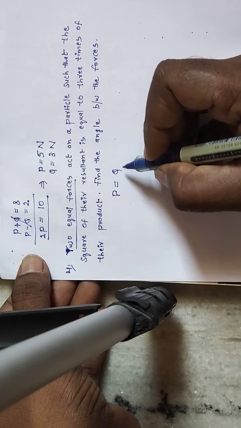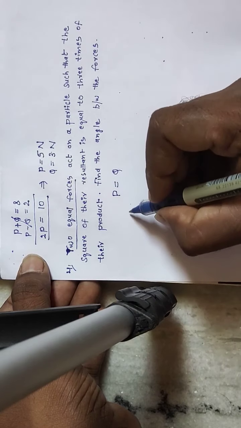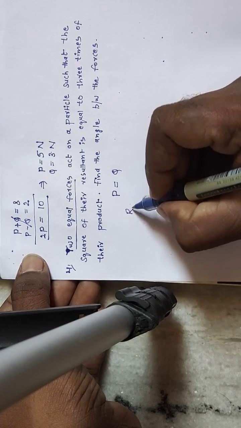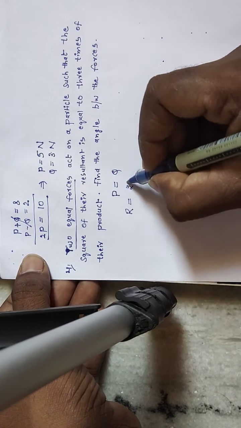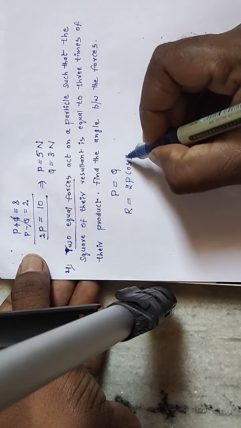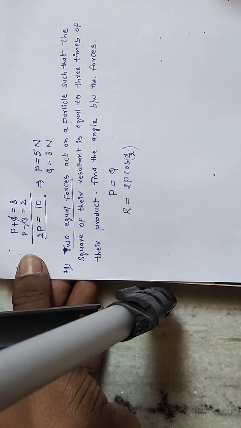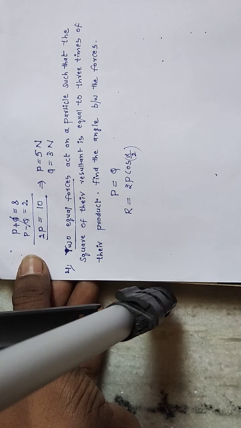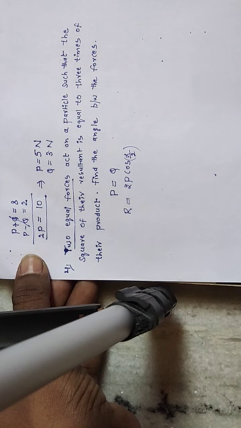When two forces are equal, then the resultant formula will become R equal to 2P cos alpha by 2. We have already learned about this: when forces are equal, the resultant will become 2P cos alpha by 2 using the parallelogram law.